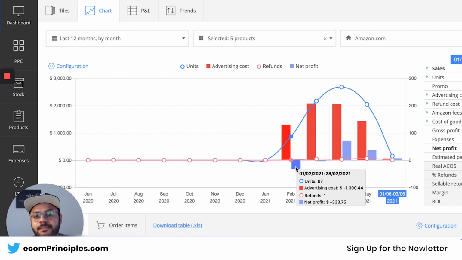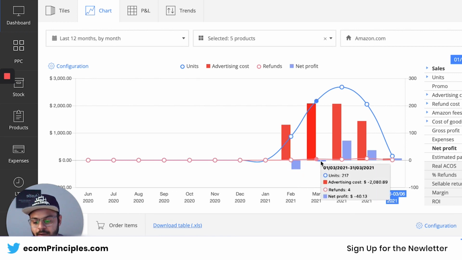I need to sell more to potentially get into the profit section, and that is exactly what happened. Let's just look at the net profit bar. This is in blue, below the $0 line in February. If you go to March, you'll see that it has reduced. It has come closer to zero. It is now negative $40 in profit, which is basically a loss because it's negative.